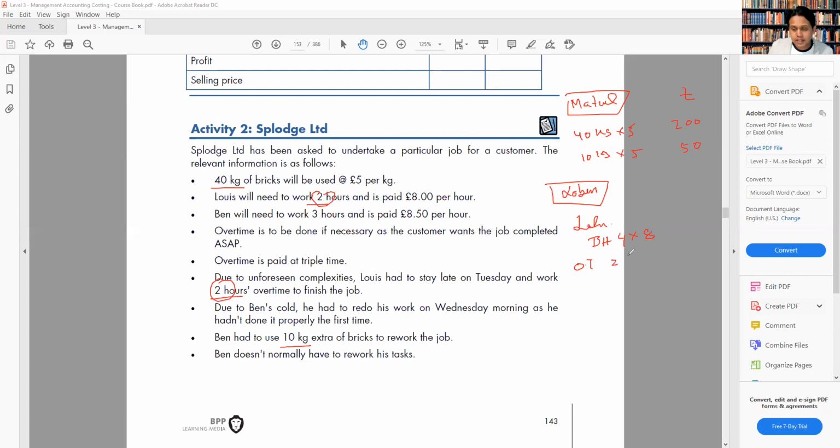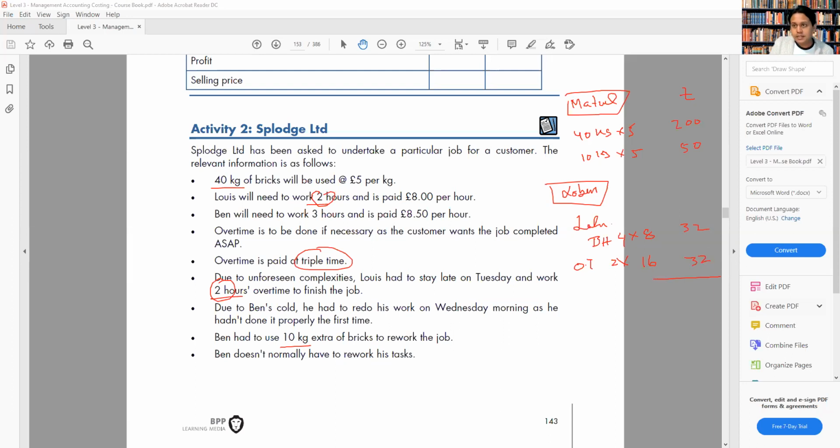Overtime 2 hours, and for that we multiply by 16 because overtime is triple. Be very, very careful. Do not multiply 2 hours with 24 because the 8 pounds per hour is basic anyway. Overtime means anything extra above the basic. So we have 32 here for the 4 hours, and for the overtime I'm getting another 32 extra.